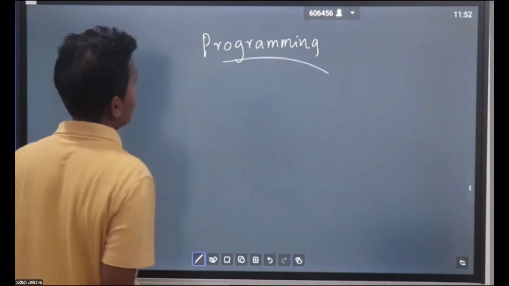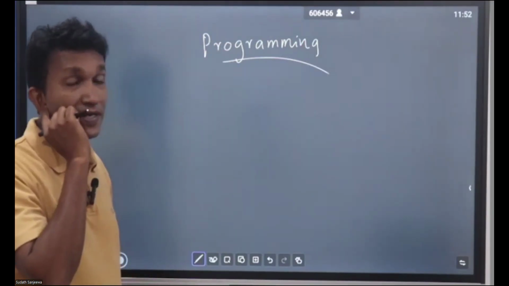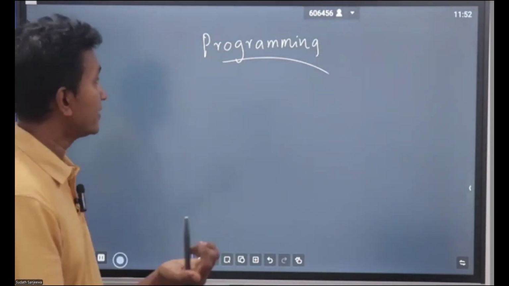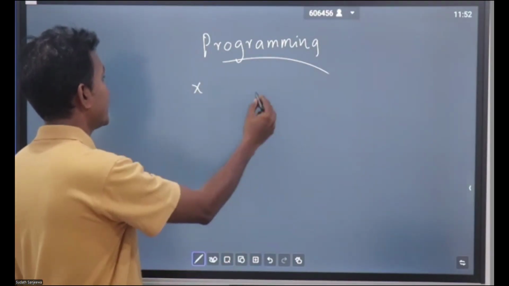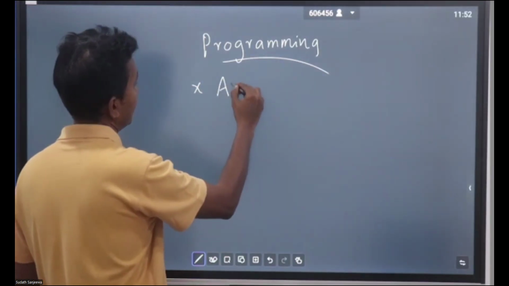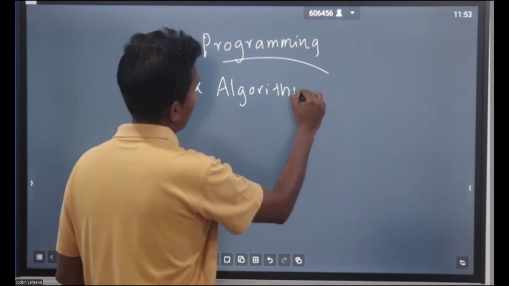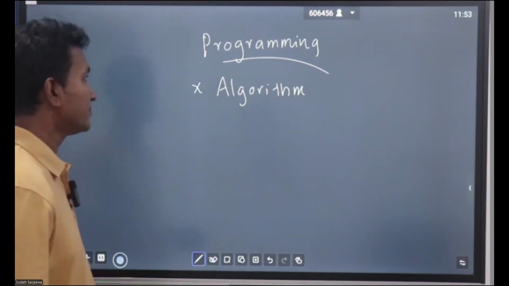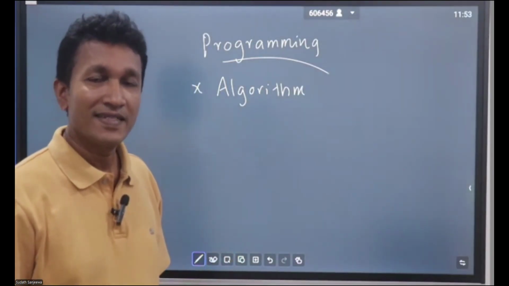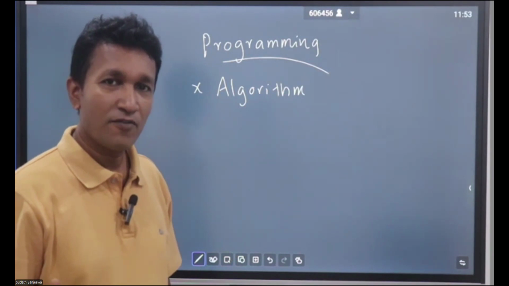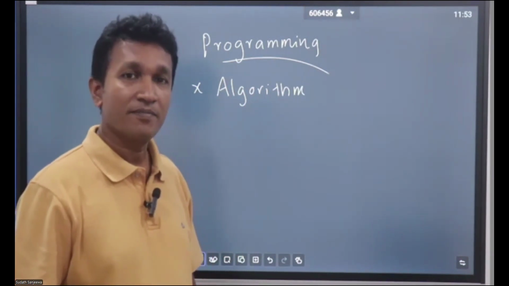In this lesson, I discussed about what? Algorithm. So what is the meaning of algorithm? It is a step-by-step way of how to solve the problem. It shows how to solve the problem step by step.